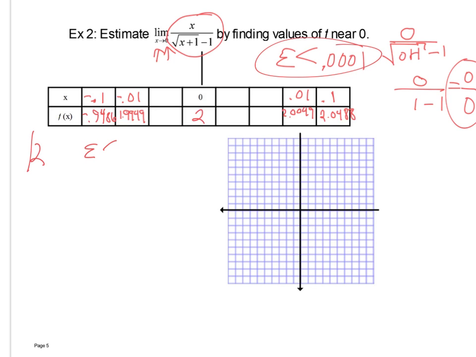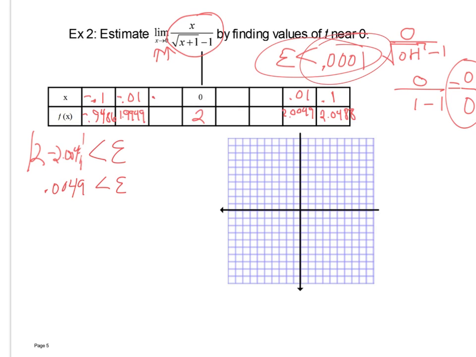I'm going to do it this way, and we're going to subtract the values that we're getting, 2.0049. I get 0.0049 is less than my epsilon. That's not close enough. We're not within 0.001. So we keep going.